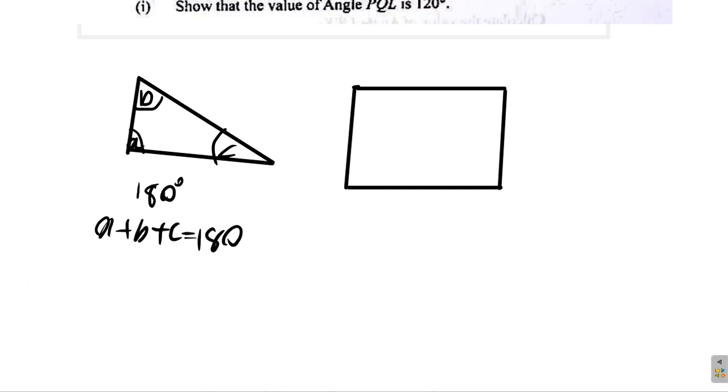Now, if you have a quadrilateral, 4 sides, you have 4 right angles. 90 times 4 is 360. So the quadrilateral contains 360 degrees.